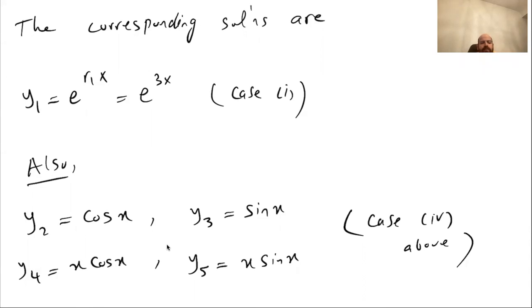E to power alpha x cos beta x, e to power alpha x sine beta x, x e to power alpha x cos beta x, and x e to power alpha x sine beta x.